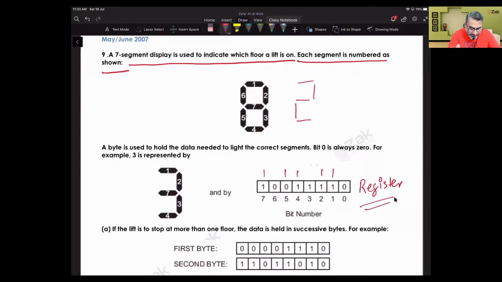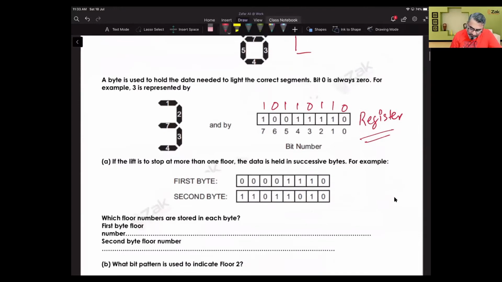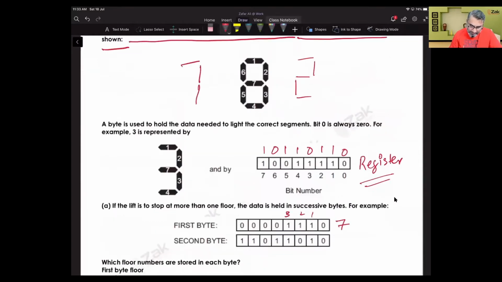अब देखें आगे क्या है. First byte is this. So this is 1, 2, and 3. So what is 1, 2, and 3? This is 7. And over here it is 1, 2, 3, 4, 5, 6, 7. So 1, 3, 4, 6, and 7.